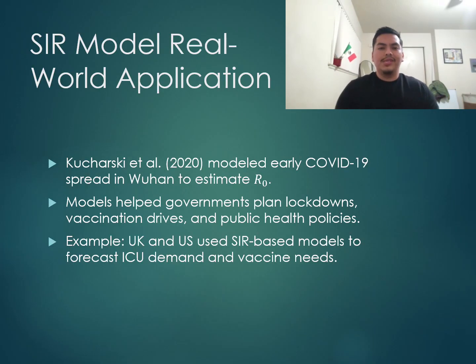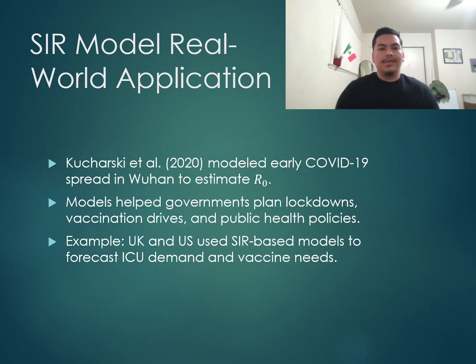And we see this SIR model in the works throughout the world. For instance, in a report done by Kucharski et al. in 2020, we see that in Wuhan, China, where COVID originated, researchers used a basic reproduction number, aka R naught. We can see the R with the subscript 0, that's R naught, and that comes from an SIR model.